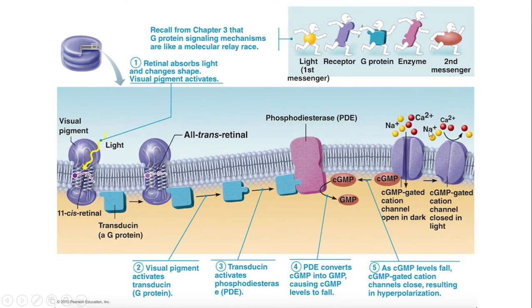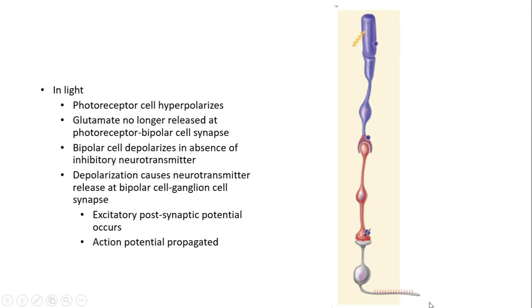Therefore, if it closes the channels, these positive ions cannot come in, and the cell becomes hyperpolarized. So what happens when it becomes hyperpolarized? Well, it will not have these channels in the synaptic terminal open. Therefore, it's not going to release its inhibitory glutamate. So the inhibitory glutamate is not released.